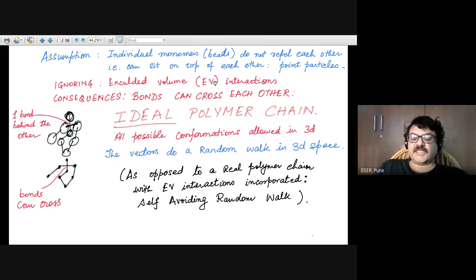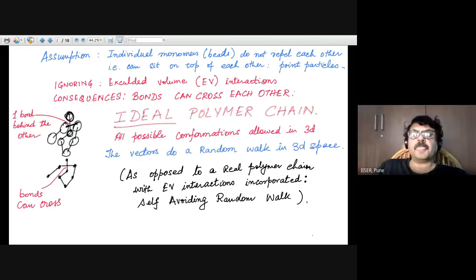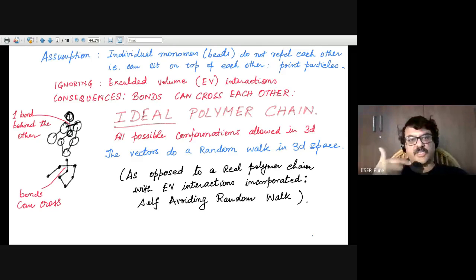What is excluded volume interaction? It says that each monomer, the bunch of atoms which constitute a monomer, basically occupy some finite volume in space, and they will not allow the atoms from other monomers to sit on top of each other. Right?